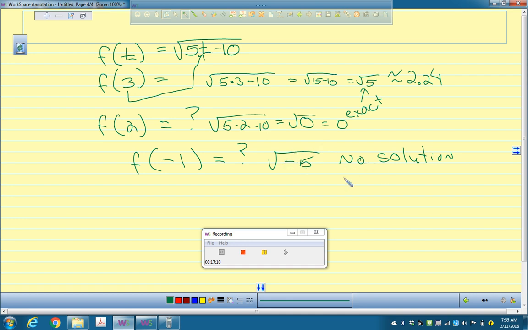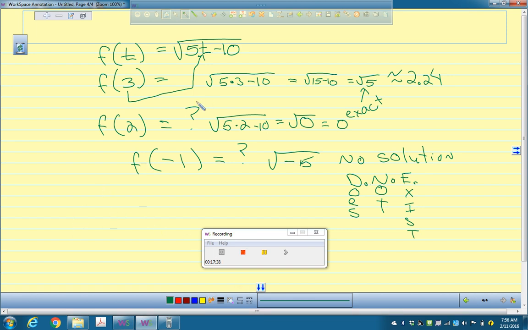You want to write it as no solution, or DNE, then you sound really smart. You know what DNE means? Does not exist, at least in the real number system. It does not exist, okay?